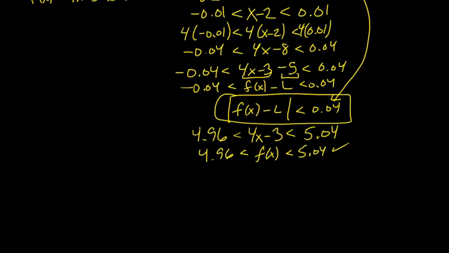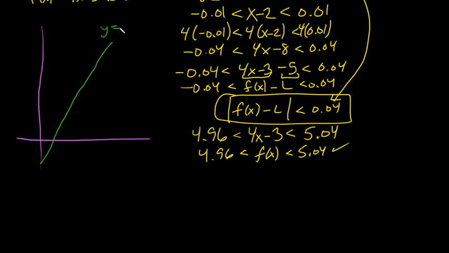Okay. As far as the picture goes, we can try to draw the graph here. And again, it could be very sloppy. So 4x minus 3, the graph will look something like this. It's just a straight line, y equals 4x minus 3. And 2 is going to be somewhere over here, so that's my a.